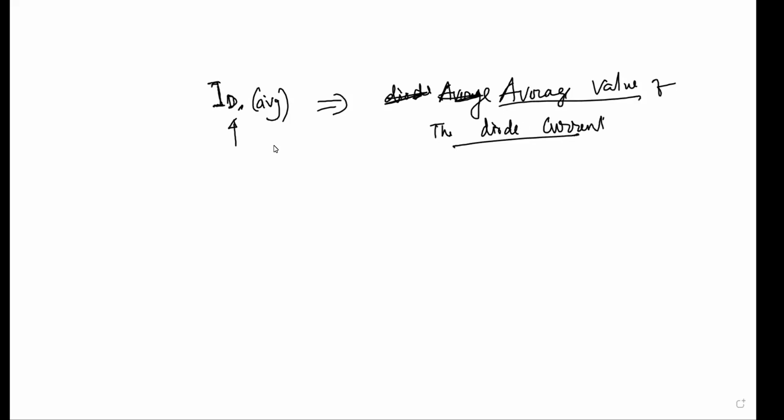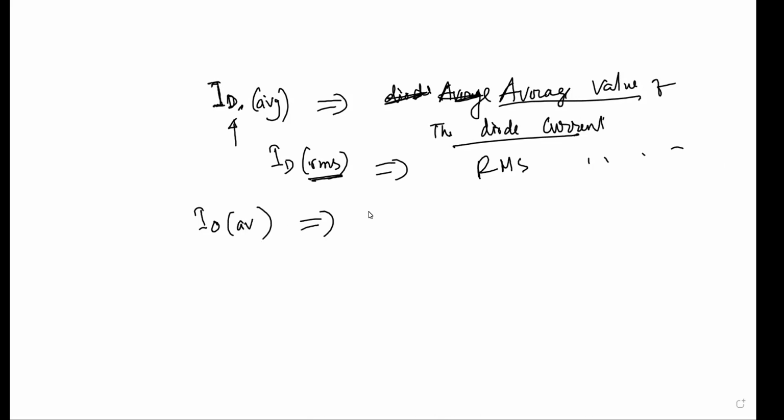Also the RMS value can be represented here, so you have to mention RMS, or in this book it is mentioned as the RMS value of the current. And IO average means the average value of the output current.